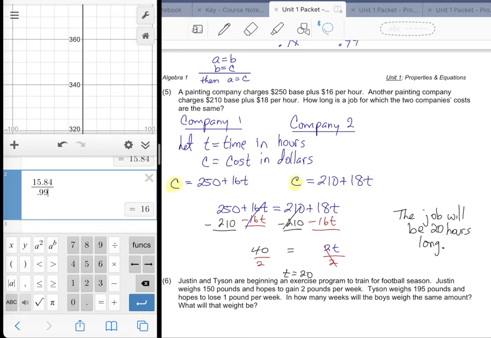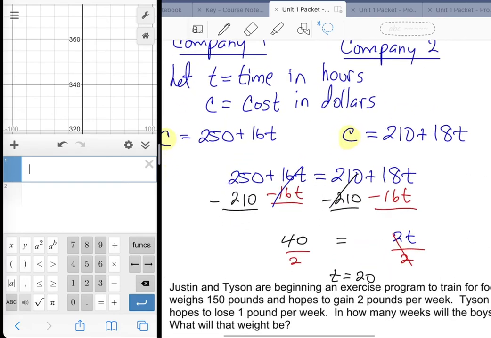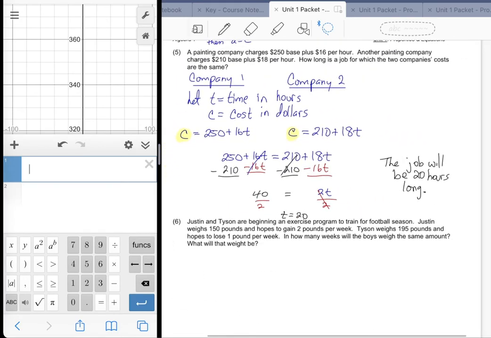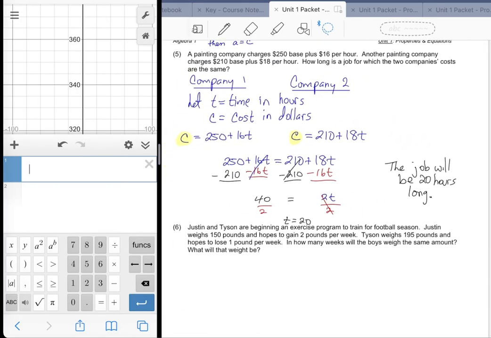If you don't want to do the algebra, like I've been saying all along, you don't know that you're interested in using Desmos until you see the thing that makes you interested in Desmos. I didn't use that exact phrase, but you get the idea. So maybe you look at this and say, this algebra is crazy. So type in your original equations. You still have to come up with these equations, so just use x's and y's.